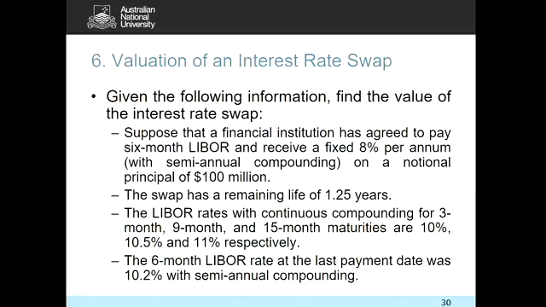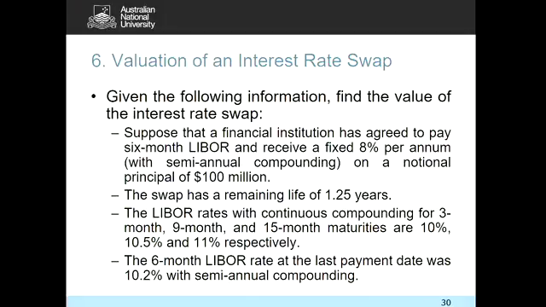So that 10.2% is your coupon rate. So the next coupon you receive will be 10.2%. To work out the value of the coupon, you'll divide it by 2 and multiply it by the $100 million face value of the bond.